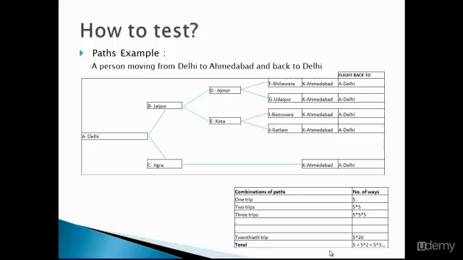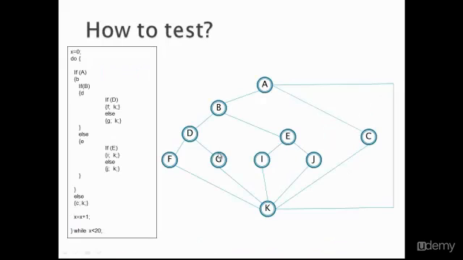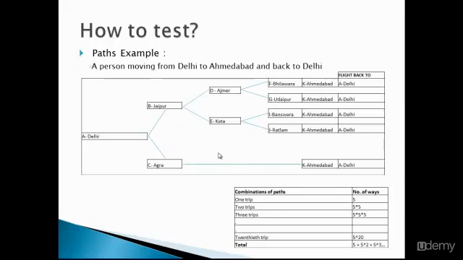Now let us give each one of these a character, that is capital A, B, C, D, E, and see how this kind of a thing can happen in a software.